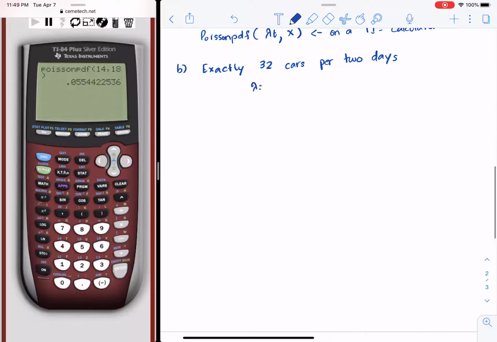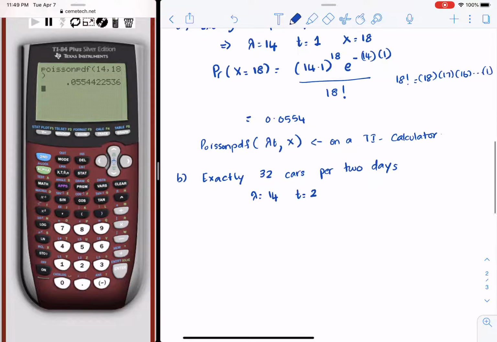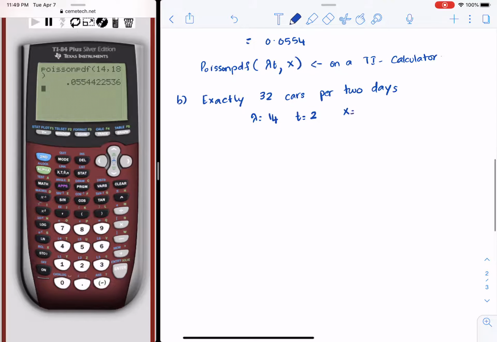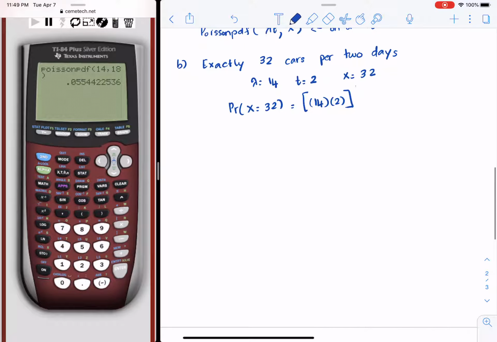Lambda would be 14, t would be 2, because we are looking at 2 days, and x in this case would be 32. So probability of x equals 32 would equal (14 times 2) raised to the power of x, which is 32, e raised to negative 14 times 2, divided by 32 factorial.